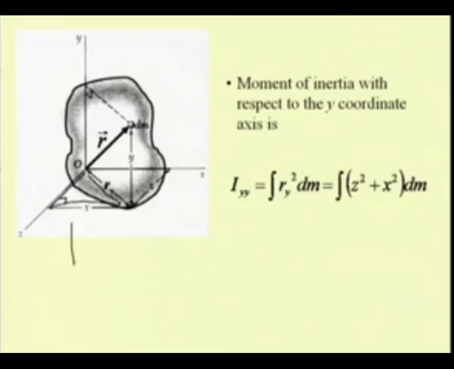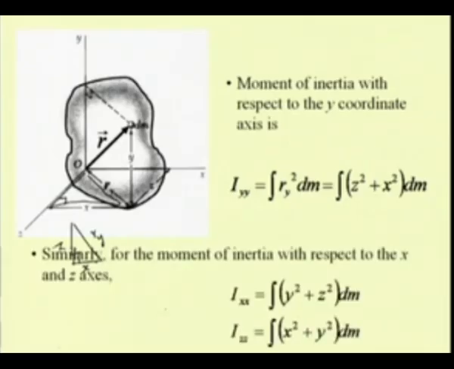I can redraw it for your convenience. This is your r_y, this is z and this is x in the xz plane. So, we have r_y square as z square plus x square, which are the coordinates of the particle along the z axis and along the x axis.